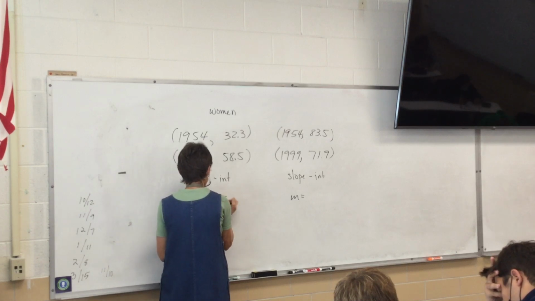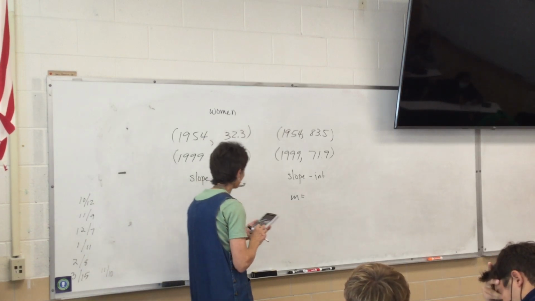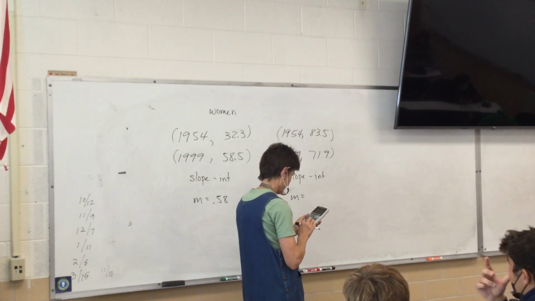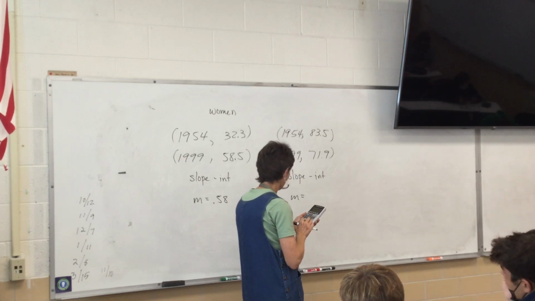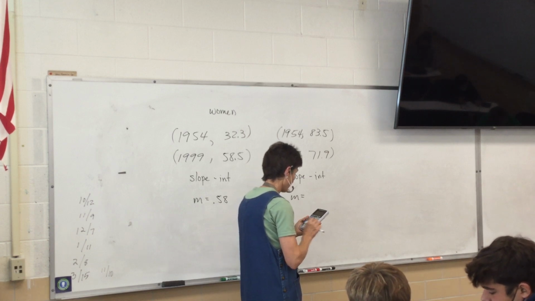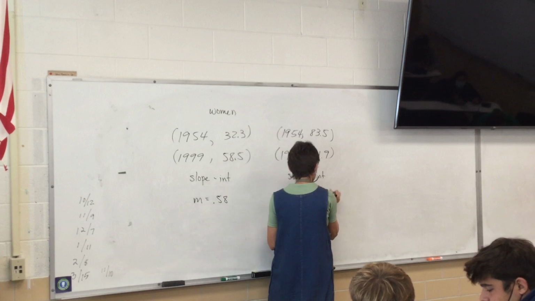You get 0.58 for your women's slope. And negative 0.26 for your men's.